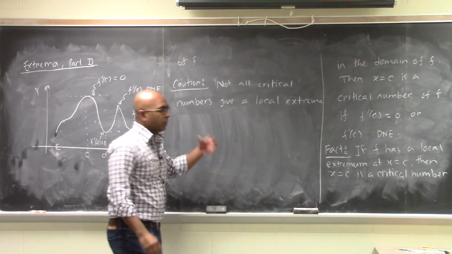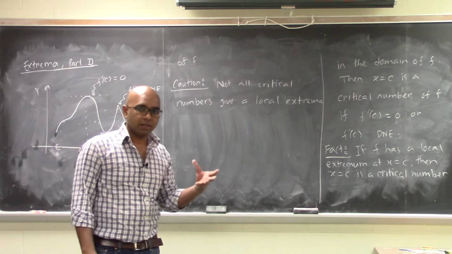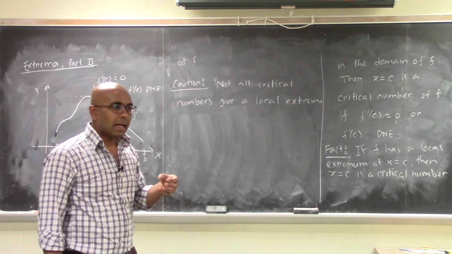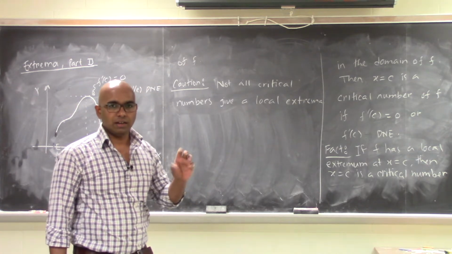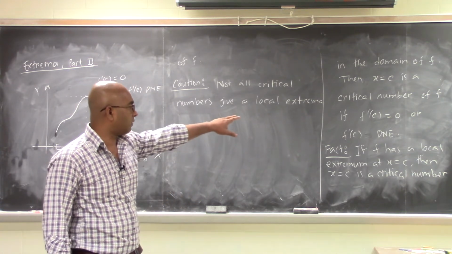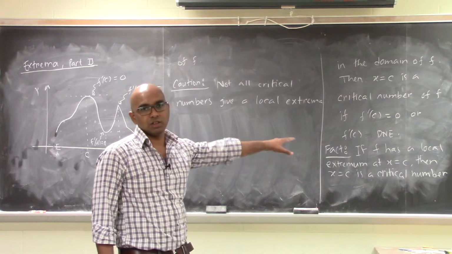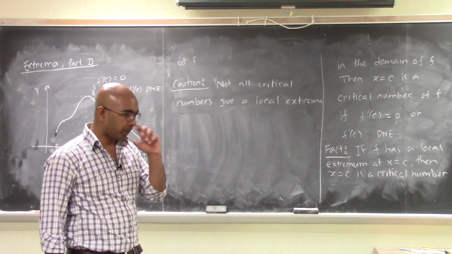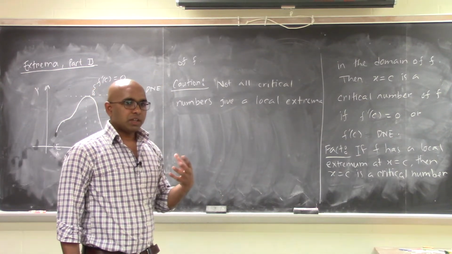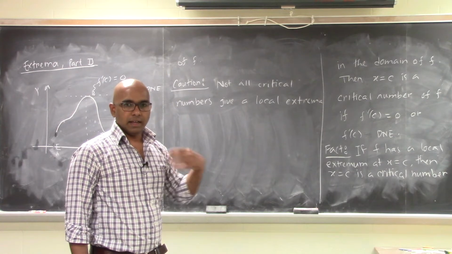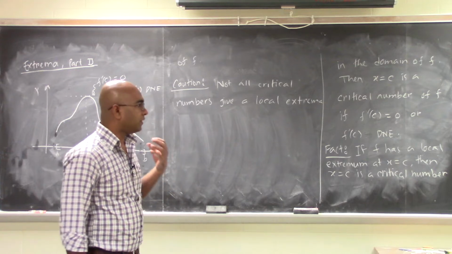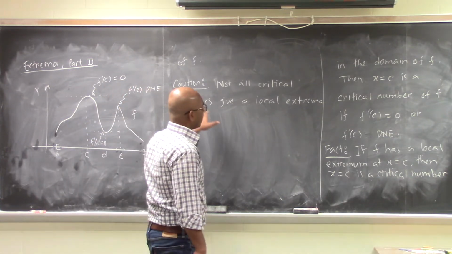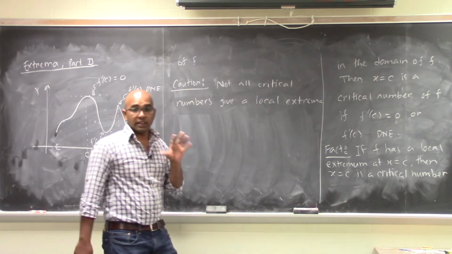Okay, so you have the function f, you can take its derivative and set it equal to 0, or from that derivative function you can see where it does not exist, and if you solve that equation f prime of x equal to 0 and see where it does not exist, you get the critical numbers, right? And if the function has a local extrema anywhere, that will be in one of those critical numbers. But you need to remember this fact, not all critical numbers will give you a local extrema.